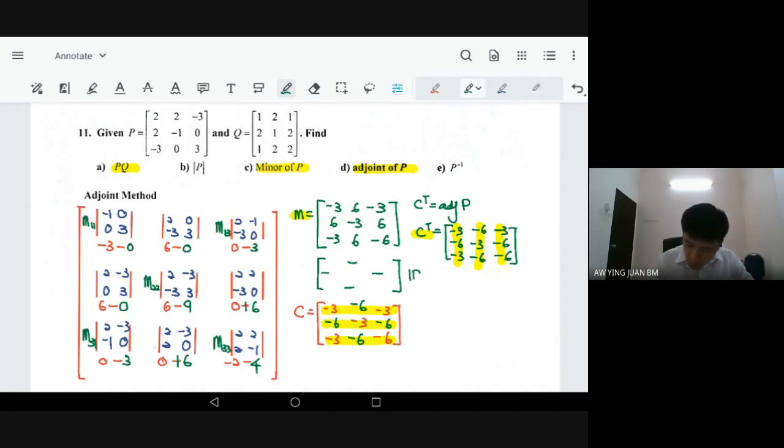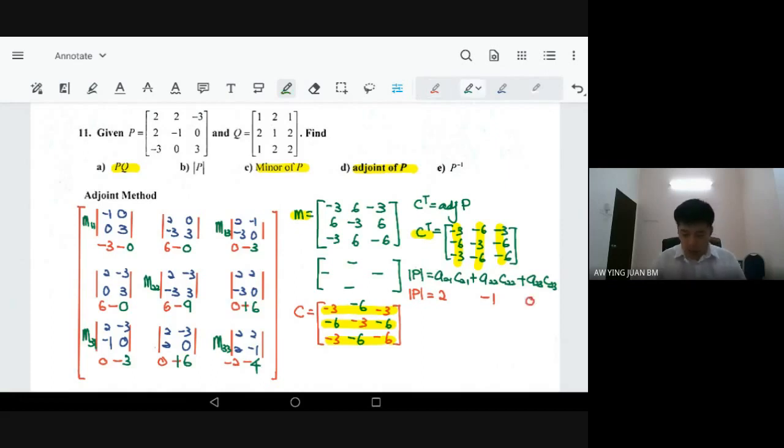We have the formula A21 C21 plus A22 C22 plus A23 C23. The reason I'm selecting the second row is because we have the 0. So the determinant of P is equal to A21, we have the 2, A22, we have the negative 1, and then A23, we have the 0.